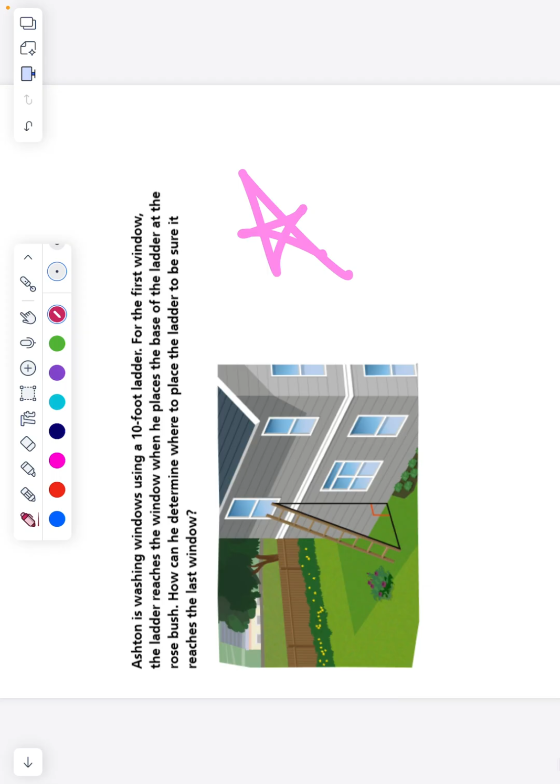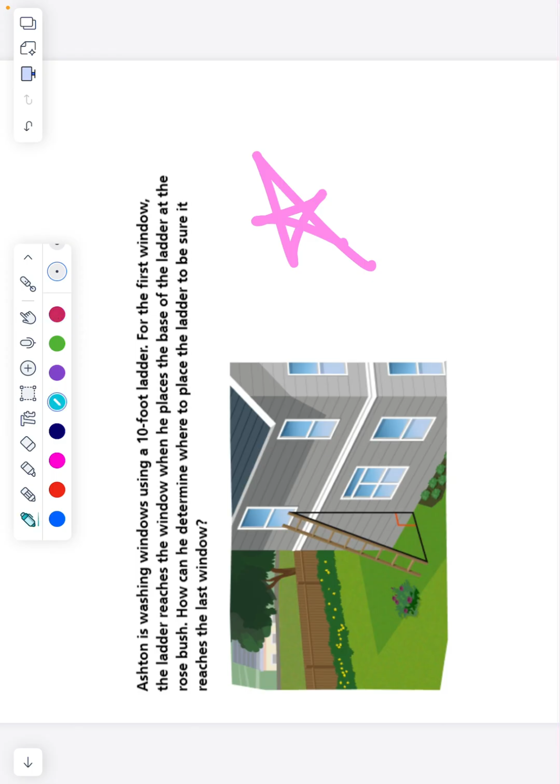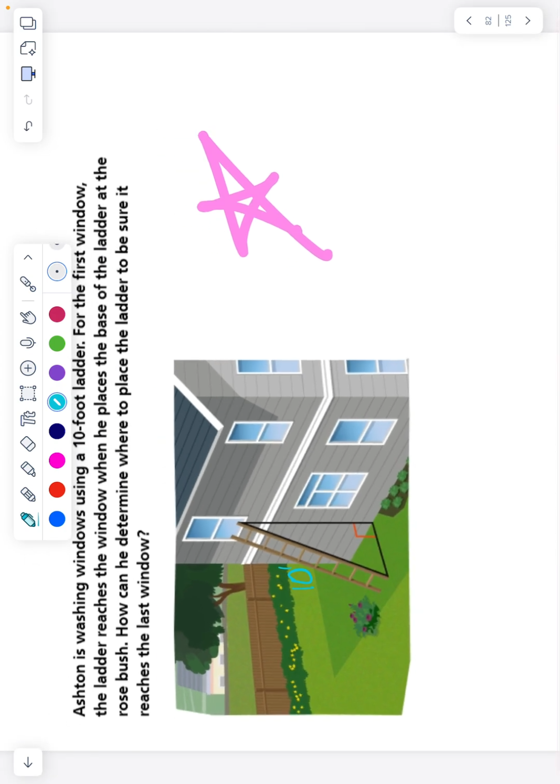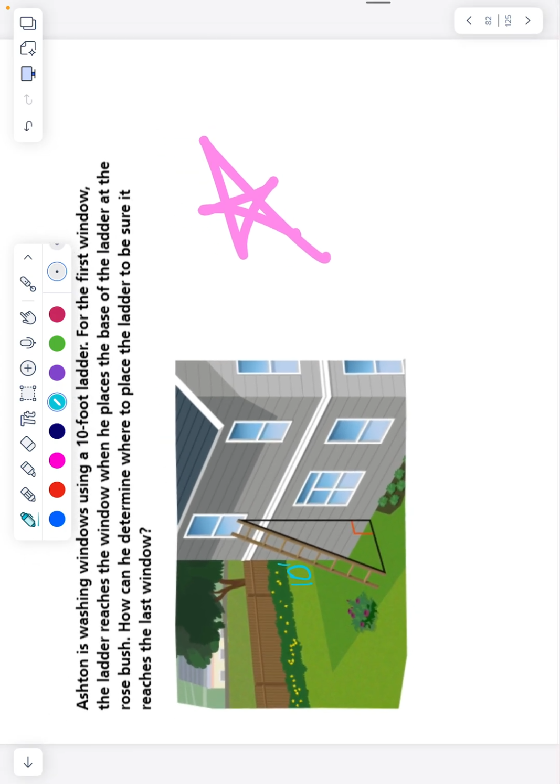All right, what do you think? While you're kind of waiting to say something, I'm going to just label the ladder as 10 feet. Do we have enough information to determine the height up the building or the house or the distance from the bottom?